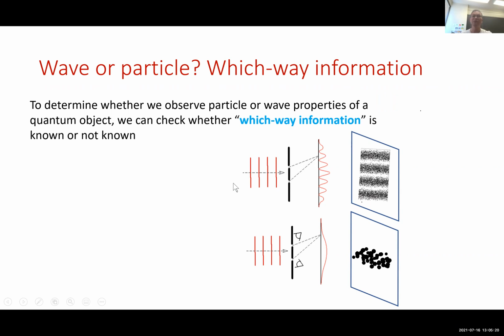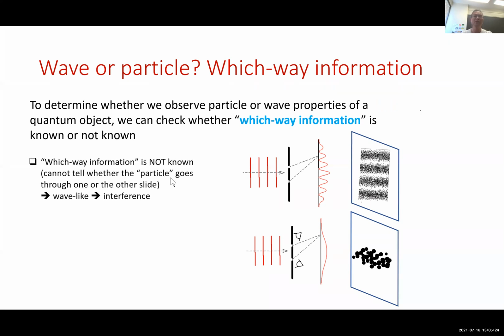If this information is not known or cannot be known in principle, then it will exhibit a wave property, such as the light going through here without knowing which slit it goes through.